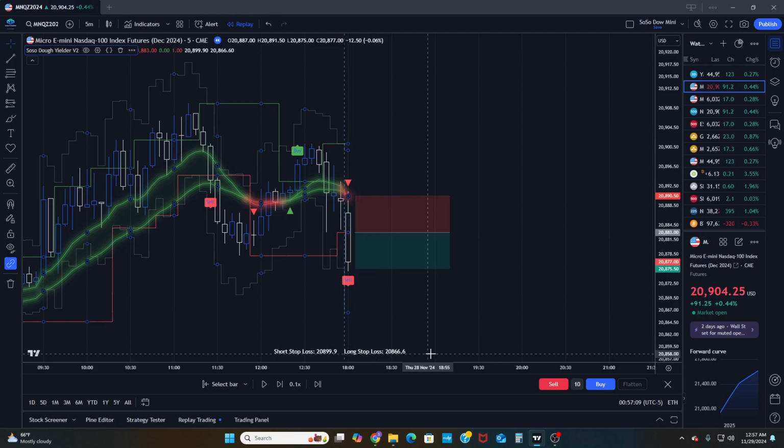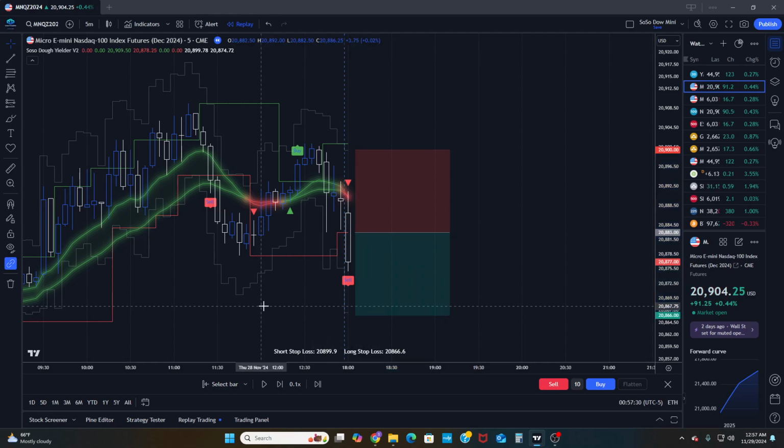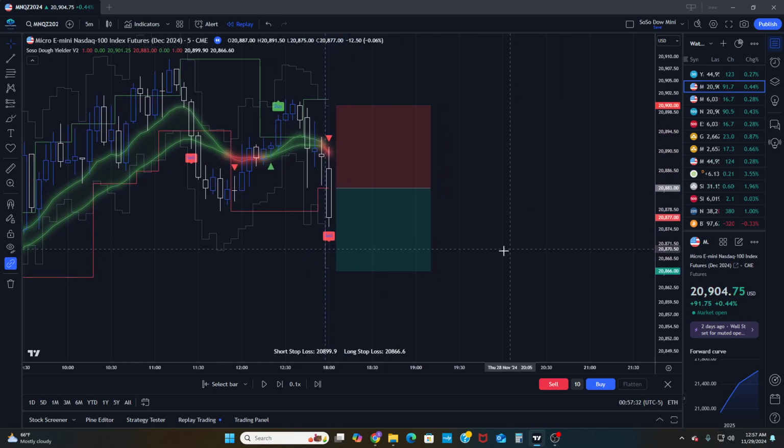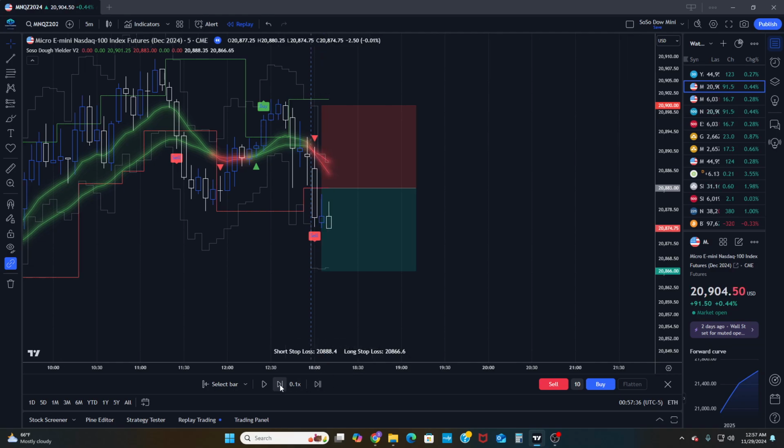All right, so the stop loss line is at 20,900, so we'll put that there. That's our stop loss, 17 points. A standard A trade will go 1-to-1. I'm going to progress the candles and see what happens with this trade now.